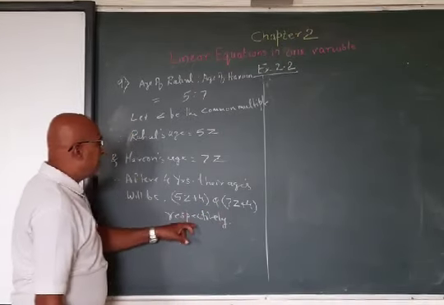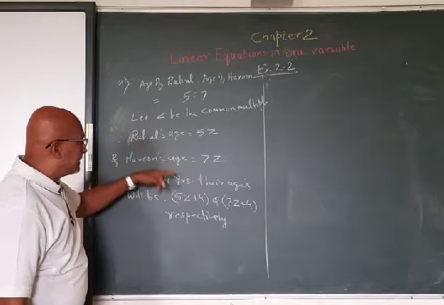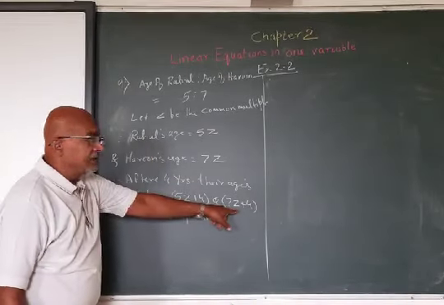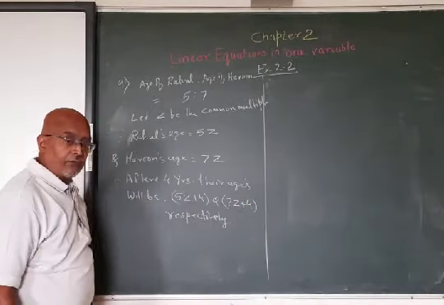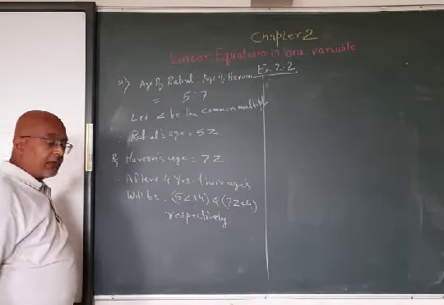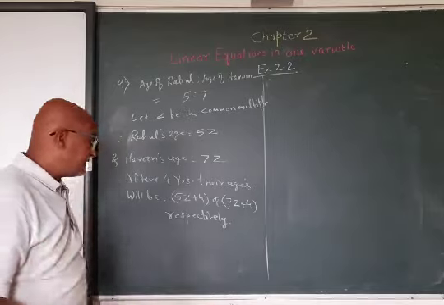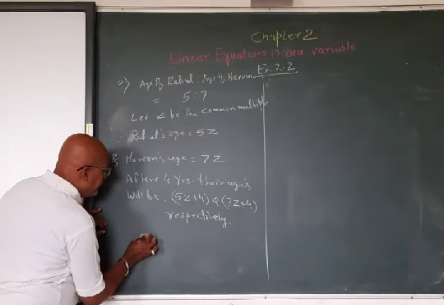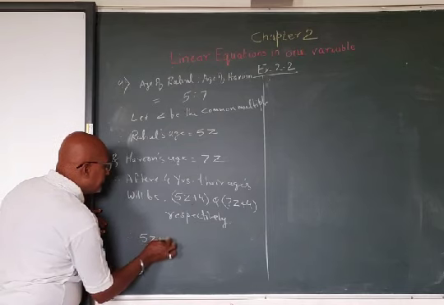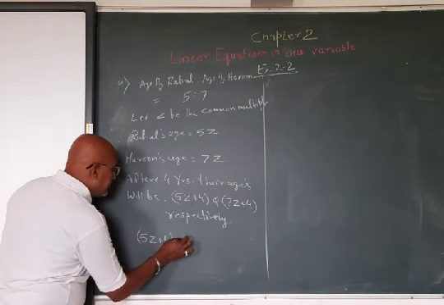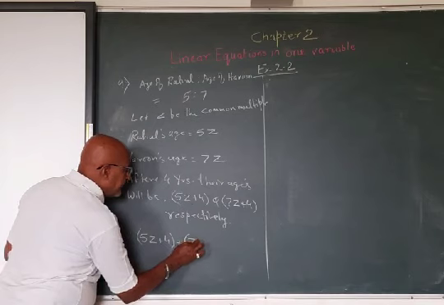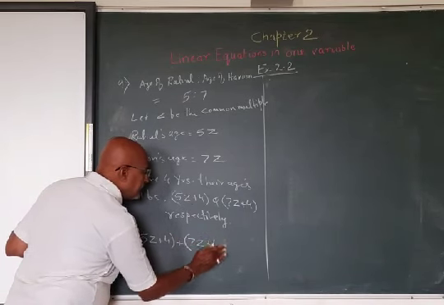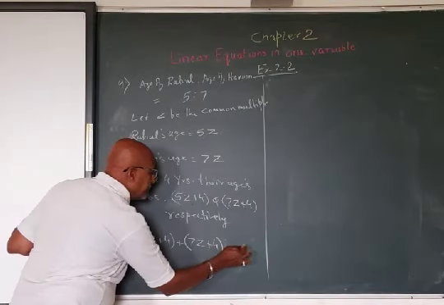Respectively means the first was Rahul's age after 4 years, and Harun's is the second. Now their sum is 56, and therefore 5Z plus 4 plus 7Z plus 4 equal to 56.